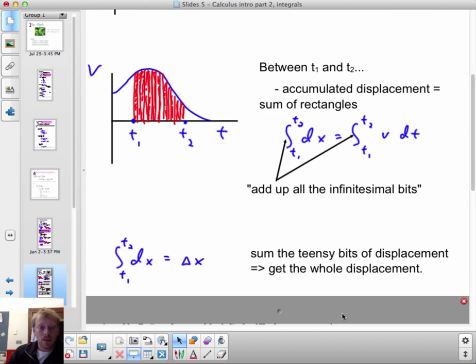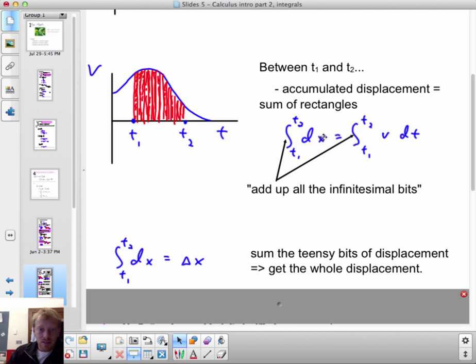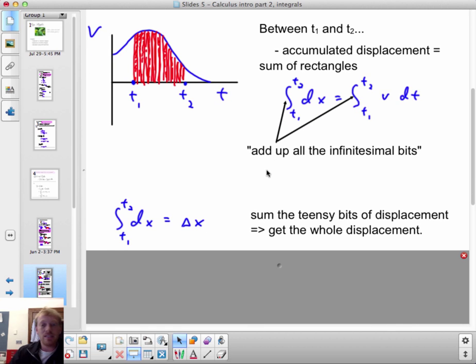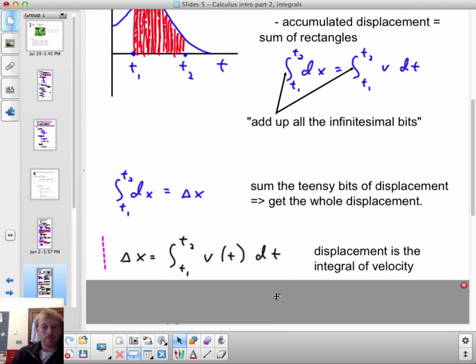Well, let's look at the left side of this equation, which just came from the previous line. If you add up all the infinitesimal displacements dx, you get the whole displacement, delta x, between t1 and t2. Add up all the teensy bits, you get the whole displacement.